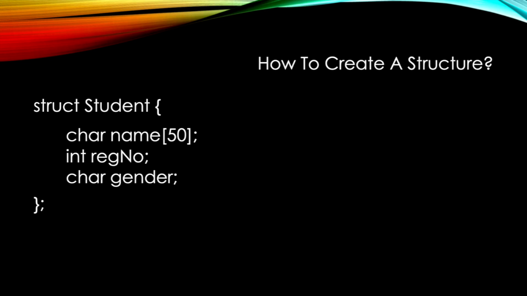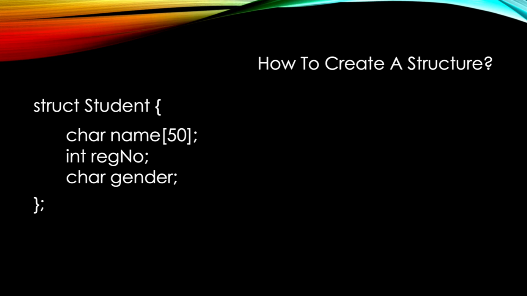Here you can see that there are three different types. The first one is an array of characters. The second one is register number, which is an integer. The third one is a character. So three different data types under one name called student. It is very easy to understand.